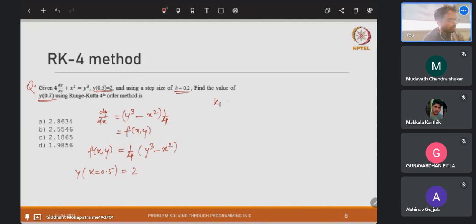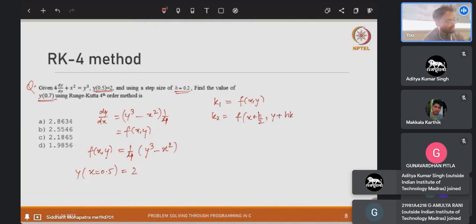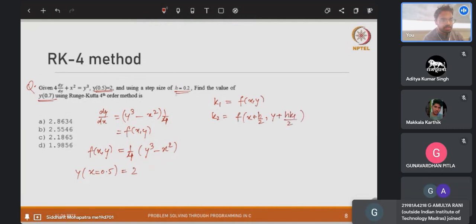Let's say k1 is equal to f of x comma y. Now k2 is equal to f of x plus h by 2 comma y plus h k1 by 2. Here h is the step size, which is 0.2.